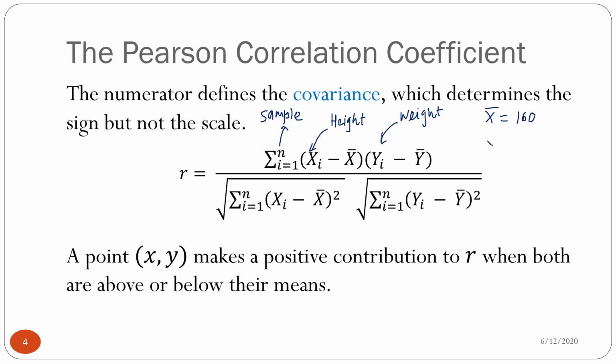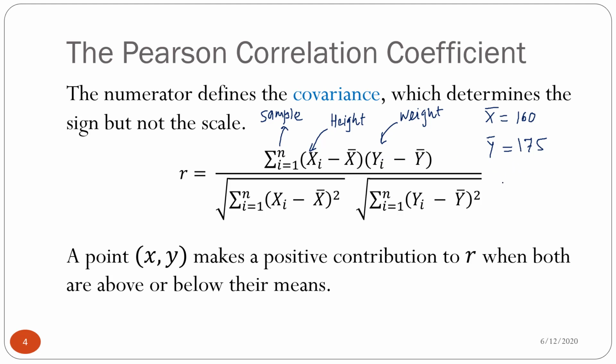And similarly, let's assume that y bar is 175. Now what we have to compute for each sample is how far each xi is from the mean, and similarly, how far yi is from the mean of the weight.